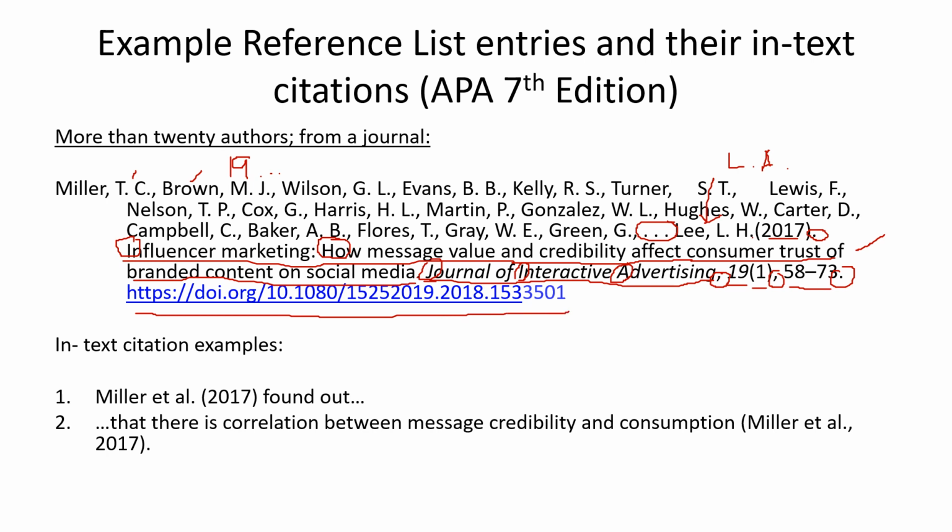And it should be formatted the same way a URL is formatted. What is a DOI? The digital object identifier functions just like a URL. They are both addresses of an online article. But the difference between the two is that the DOI is a more permanent address than a URL.